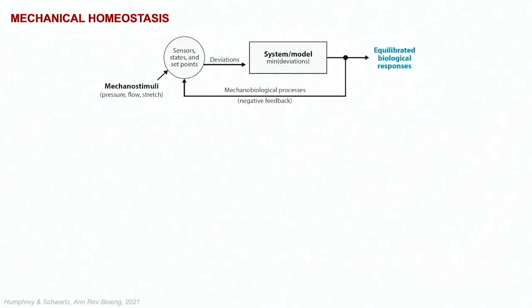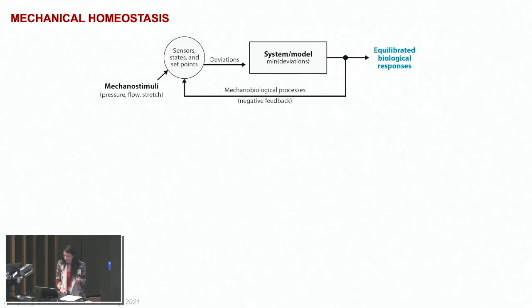One way to think about this process is through the concept of mechanical homeostasis, which again Ning has touched upon earlier. Just as the body regulates things like temperature or pH around a preferred range, tissues also appear to regulate aspects of their mechanical environment. Mechanical stimuli, and you can think about pressure, flow, stretch. My postdoc advisor mentioned that cells really don't take continuum mechanics classes.